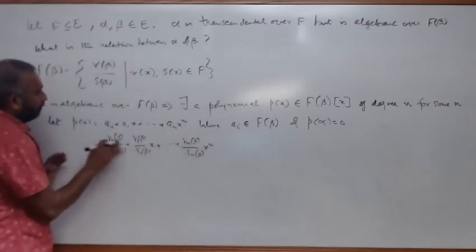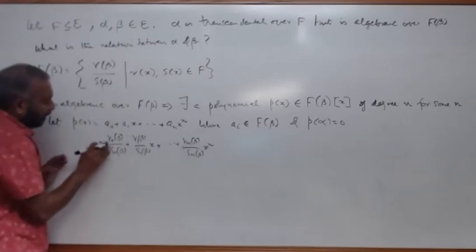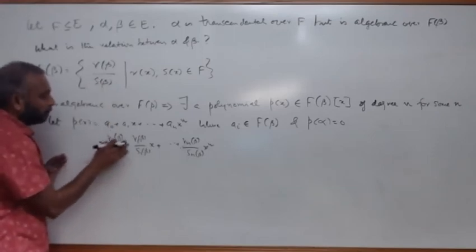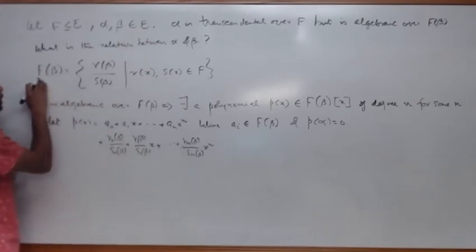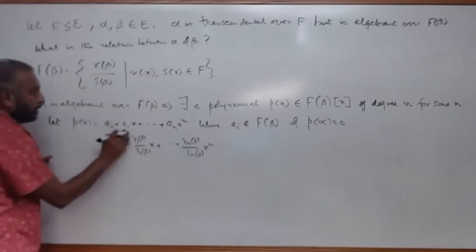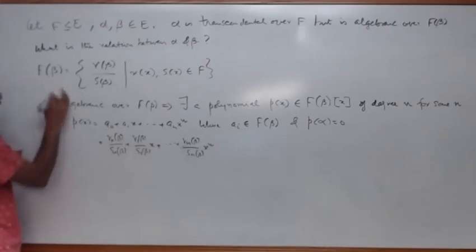These are all some kind of polynomial in beta, because any element from F of beta, a simple extension of beta over F, can be written like this. So these elements are all from F of beta, so we can write it like this.